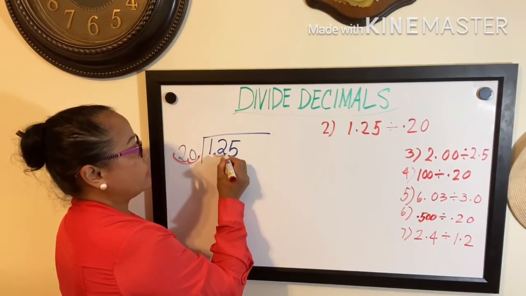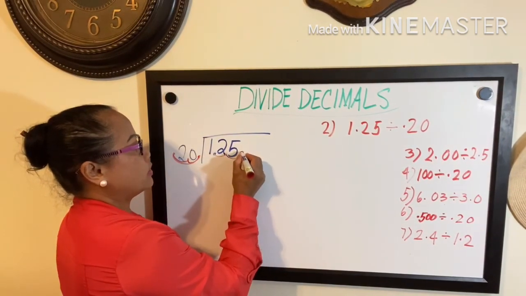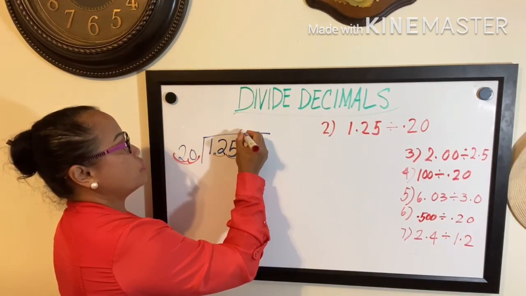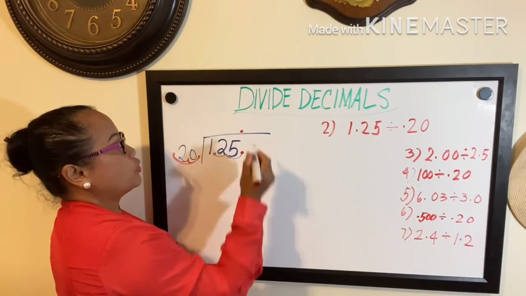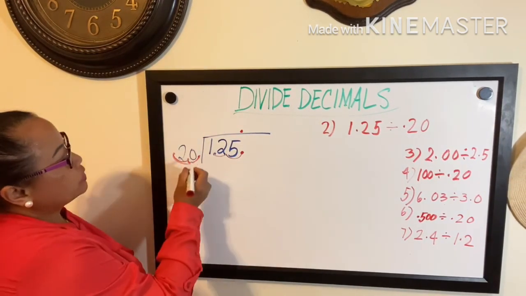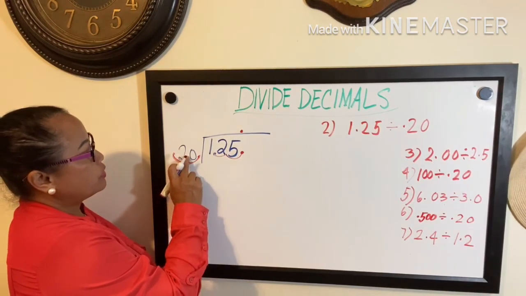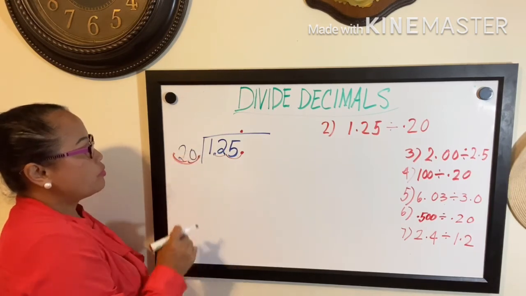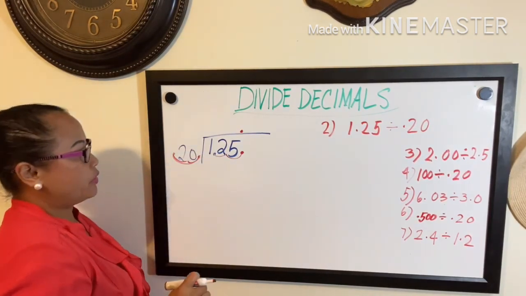Okay, 1, 2. So the decimal is here, and then you immediately put the decimal on top.